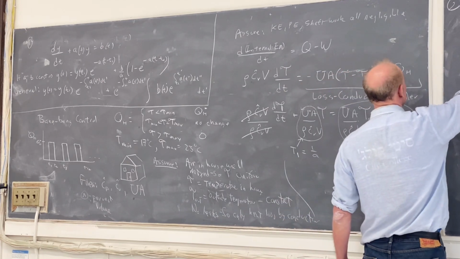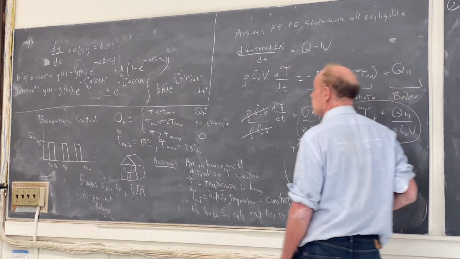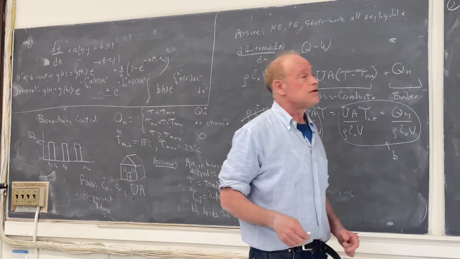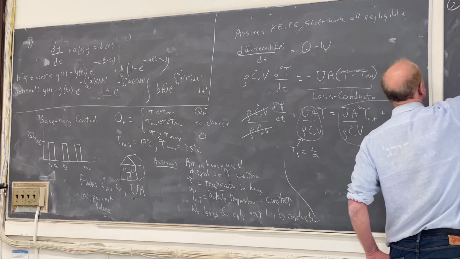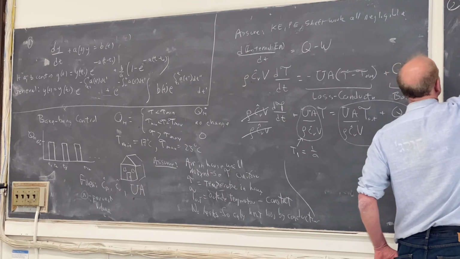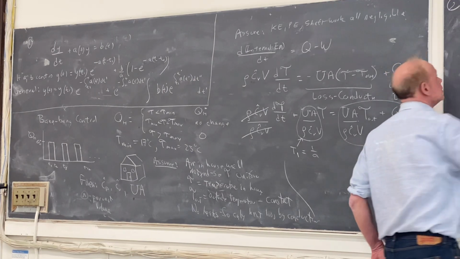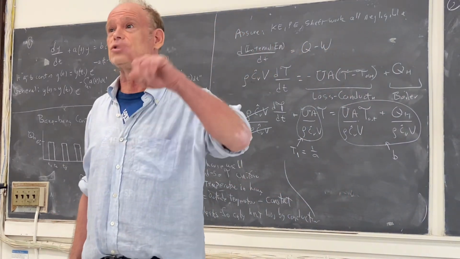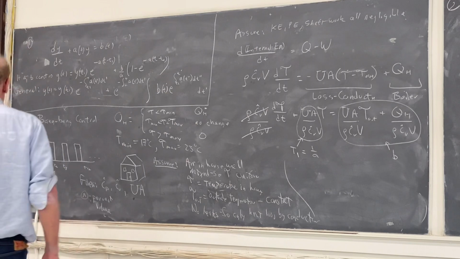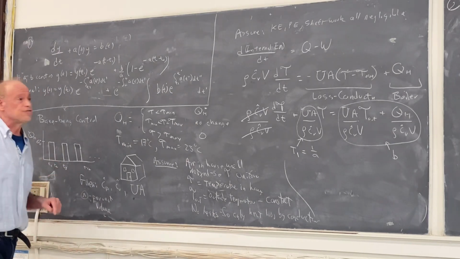T of t, and this is for t between t_j and t_j plus 1. It's important: it's not one solution everywhere. It's a different solution for each time interval.